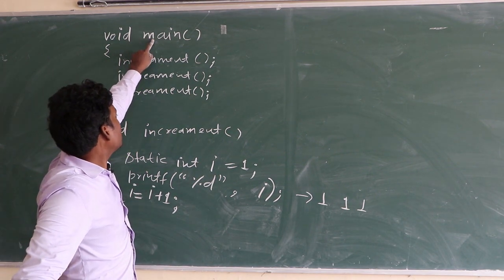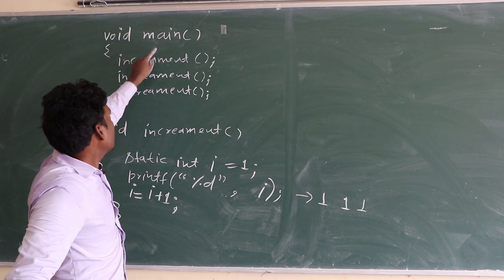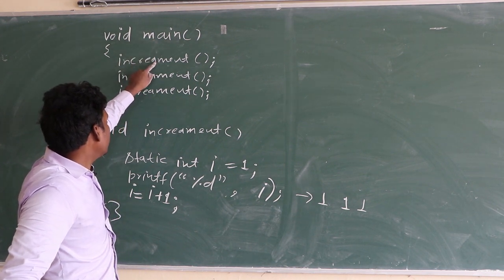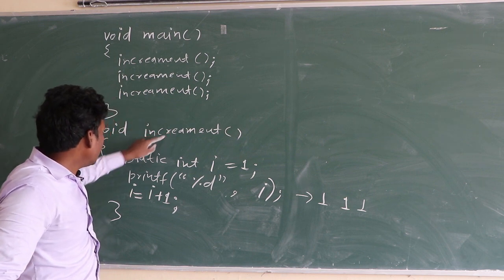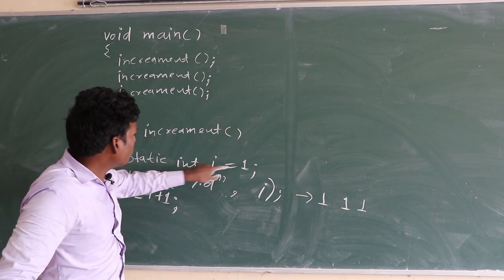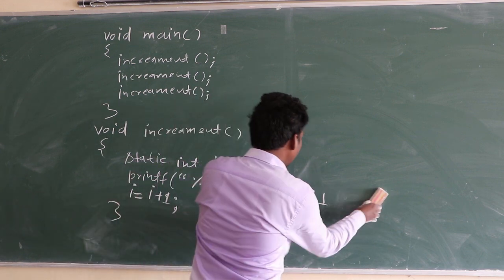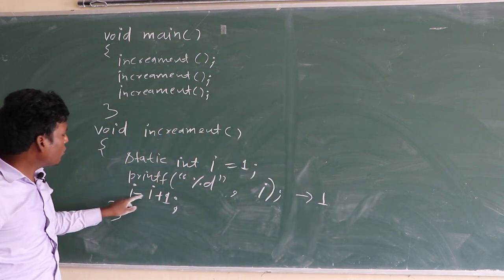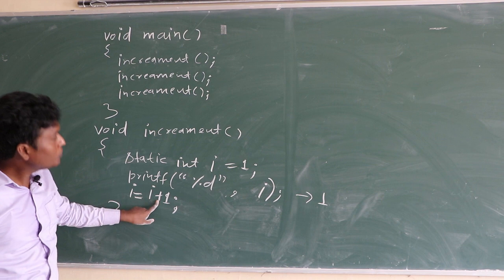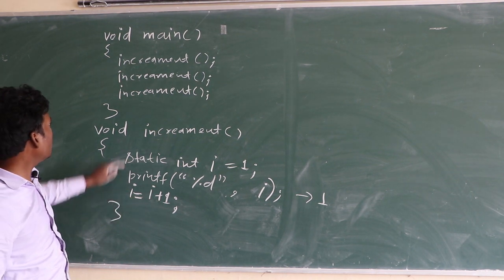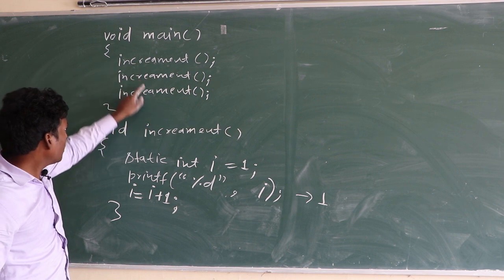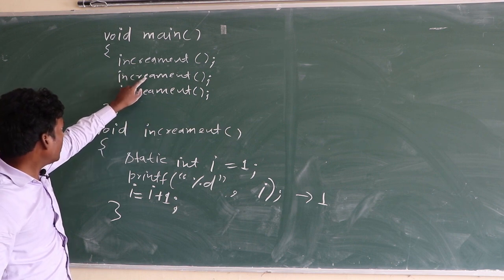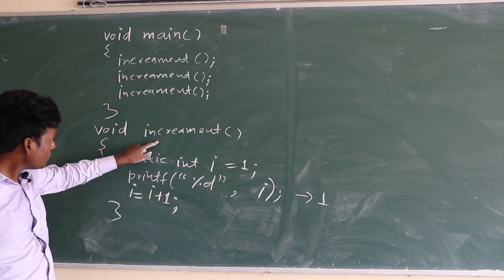Program execution starts with main. When control goes here, it returns control to this point. Indirectly static int i equal to 1 will be printed here, and i equal to i plus 1, value becomes 2. When control returns and goes there again, indirectly control will be here.